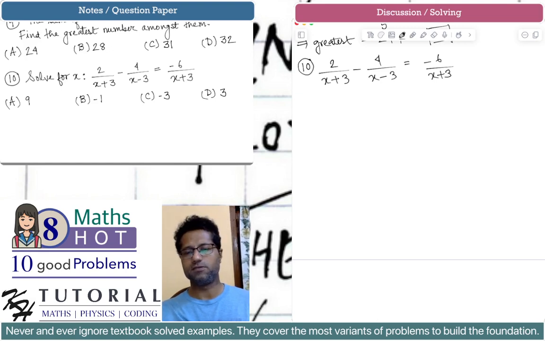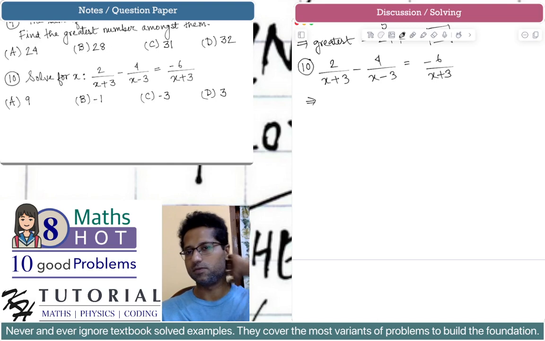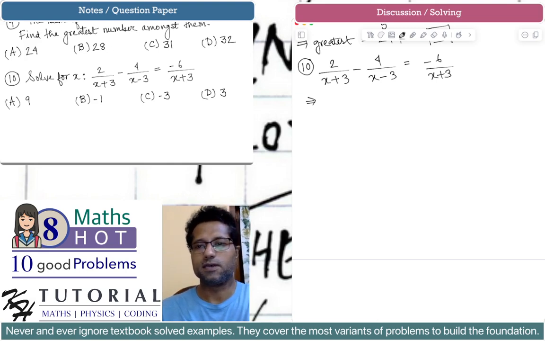So there are various ways you can solve this problem. One way is that you group all the rational terms having the same denominator. Having the same denominator means the denominator could be constant or can have variables. So in this, if I bring the RHS to the LHS, the RHS has the denominator x plus 3, and the LHS also has a term with the denominator x plus 3.